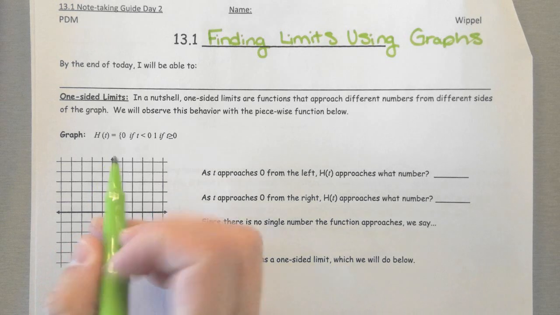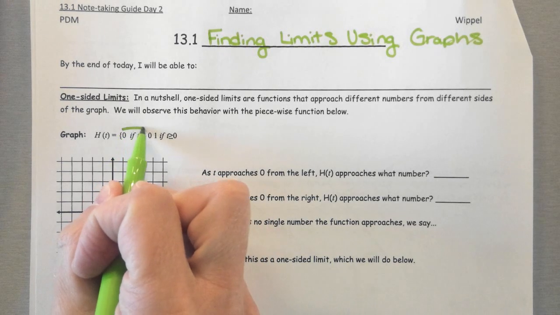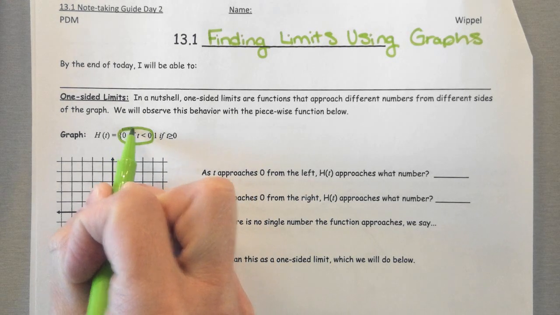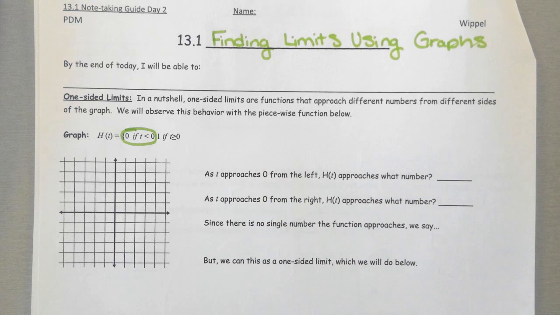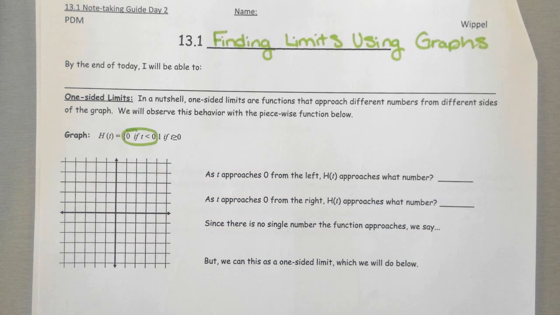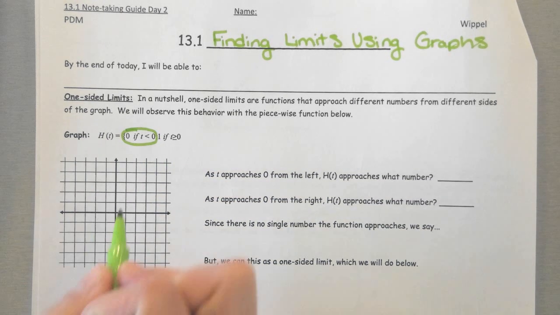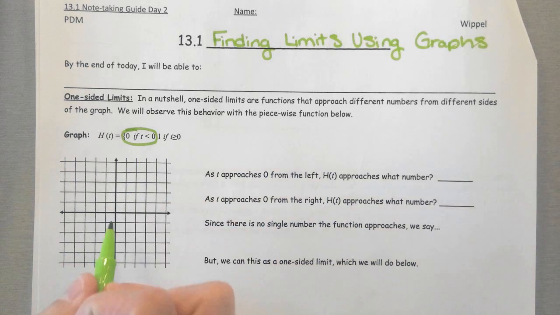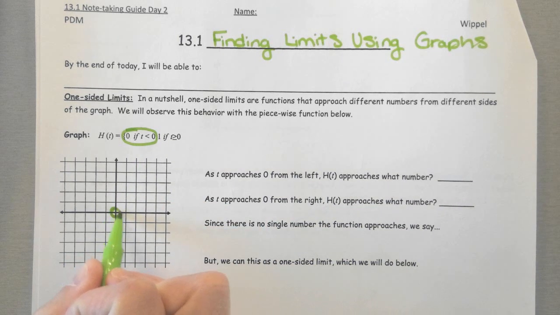This is a piecewise graph. Do you see how it says that the value is 0 when my t value, so that would be x in this case, is less than 0? Notice it doesn't say less than or equal to. So here's what this is saying.